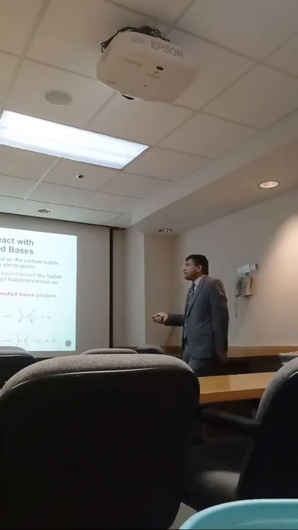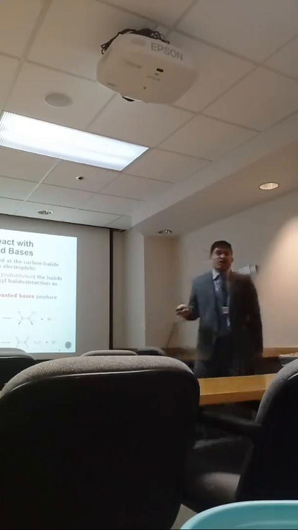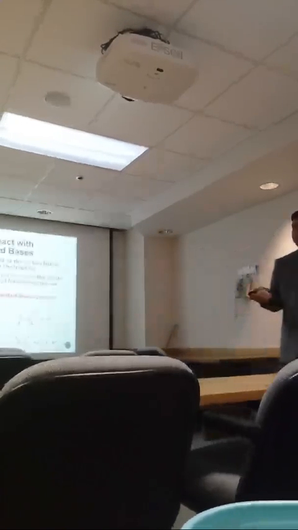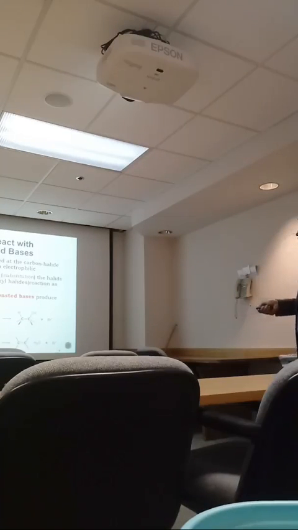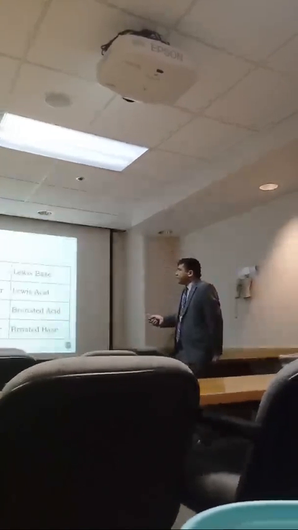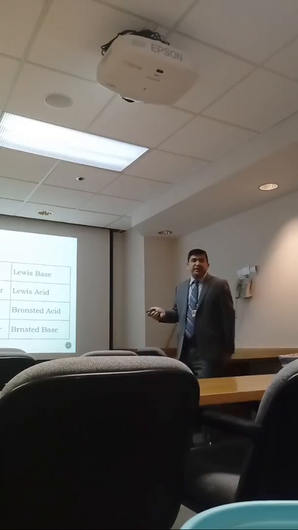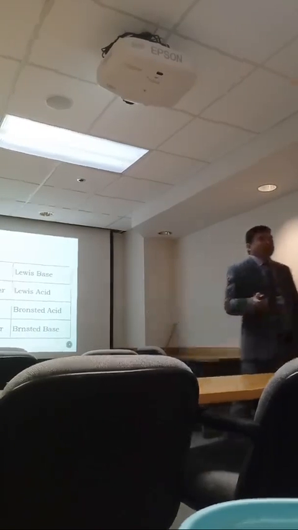Now, the next question is, what is a Lewis base and what is a Bronsted base, in order to predict whether substitution or elimination is going to happen. We have the concept of lone pair electrons. You remember, carbon has a lone pair of electrons. Oxygen has a lone pair of electrons.